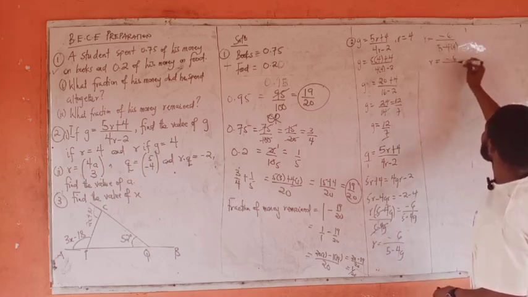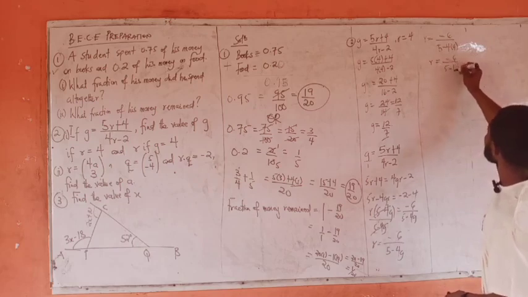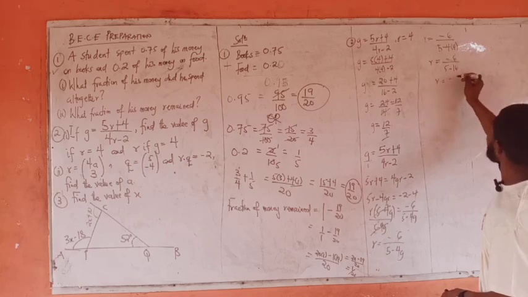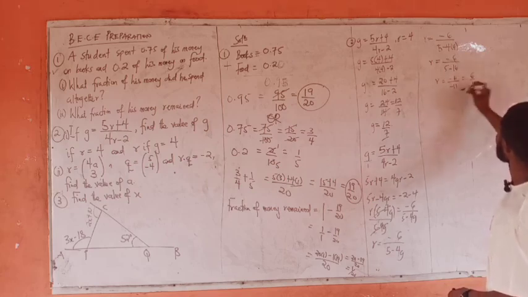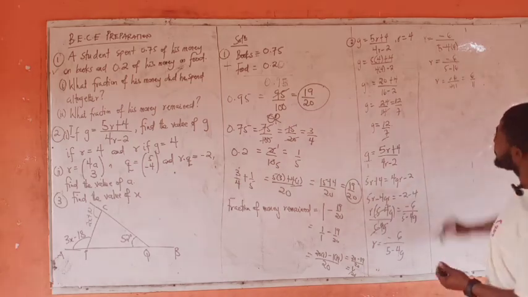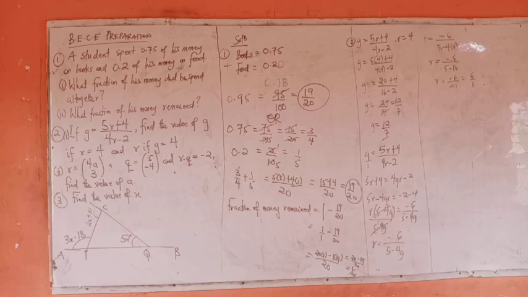Negative 6 over 5 minus 16, negative 6 over negative 11, which is equal to 6 over 11. Alright, so this is the value of r when j is equal to 4, and then this is the value of j when r is also equal to 4. You get this and then this respectively.